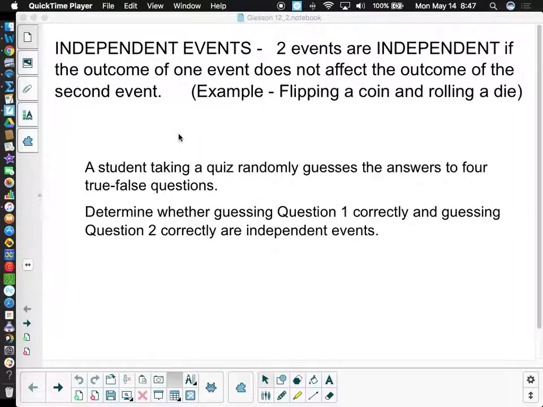They have a 50-50 shot. It doesn't matter what happened in question 1, whether they got true or false, or whether they were correct or incorrect. It has no influence whatsoever on the second question. They are questions in the same test, but they're completely independent situations. So yes, those would be independent events.